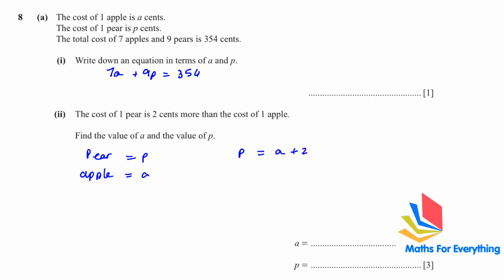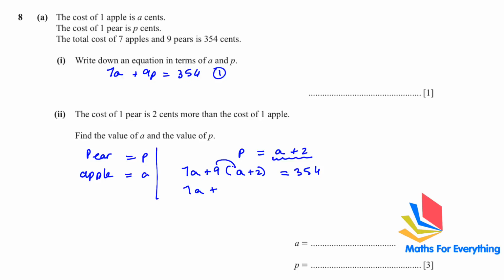Now we can solve this simultaneously by substituting or elimination, whichever way you find easy. In this case, I'm using substitution. So P is equal to A plus 2 in our equation 1, which is 7A plus 9P. In place of P, I will write A plus 2, is equal to 354.